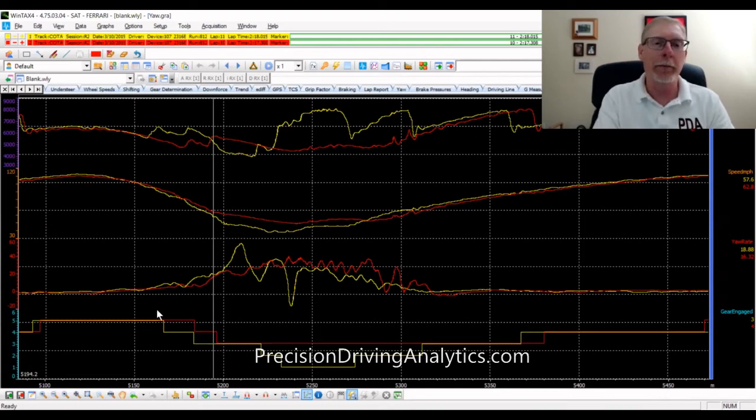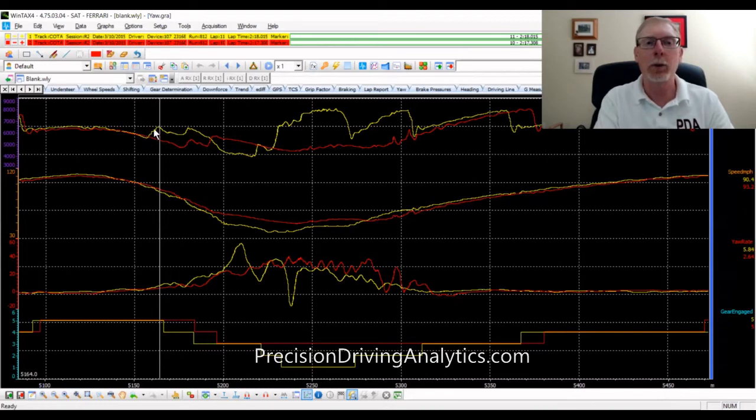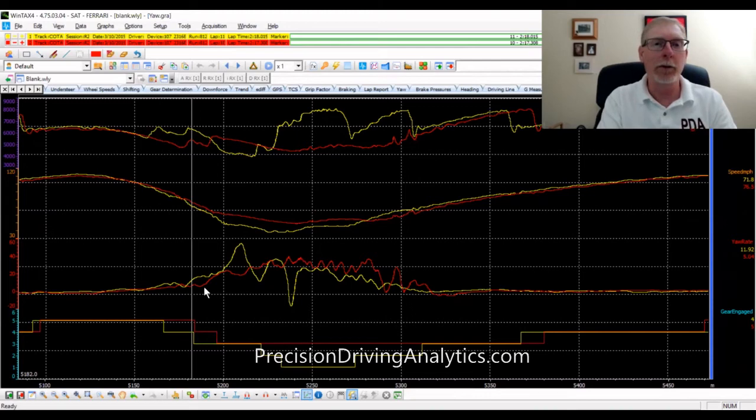So in the next lap, for some reason, the driver got out of his rhythm and downshifted from fifth to fourth a little earlier, and you can see how much more the RPMs came up. And then fourth to third, ironically at the same place that he would normally go from fifth to fourth.